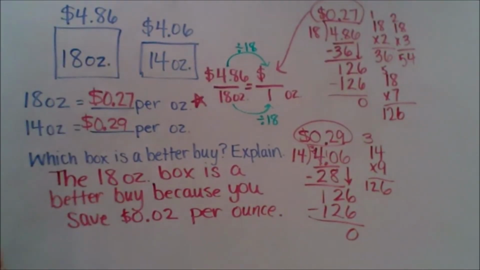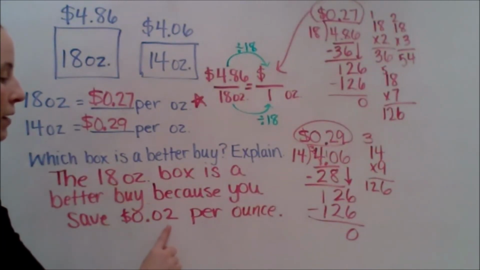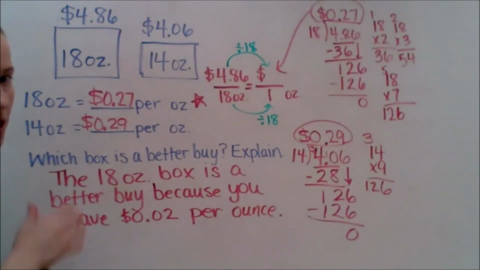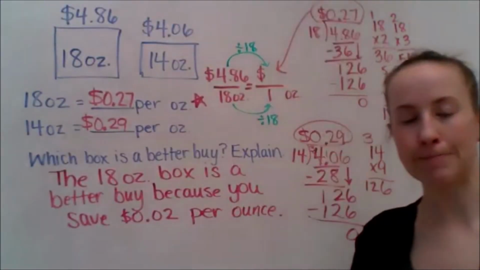So that is my answer. I chose the cheaper one. So in this case, I was looking for the smaller price. And then I said how much it was better by: 2 cents per ounce. That means every single ounce, I'm going to save 2 pennies.